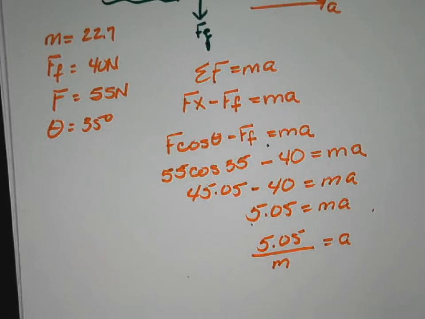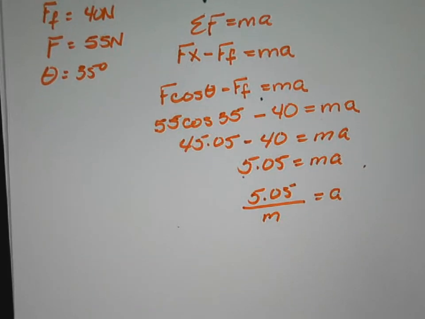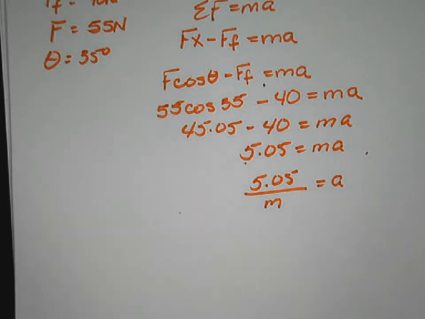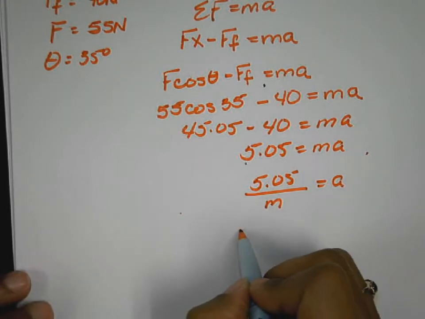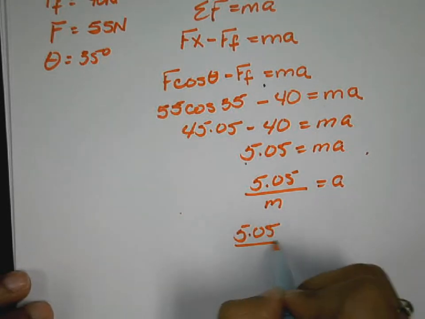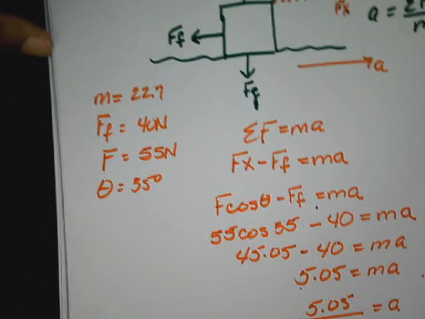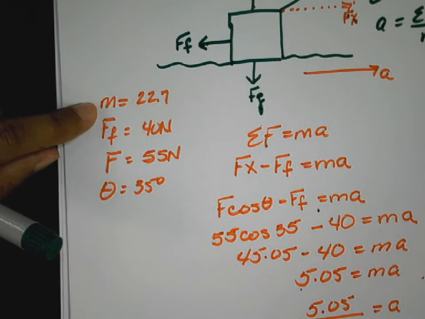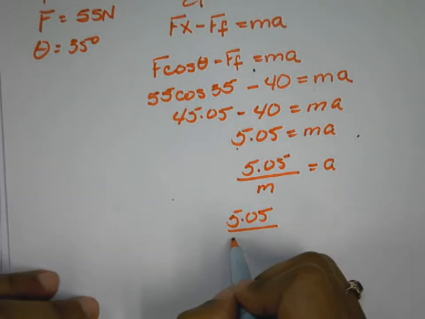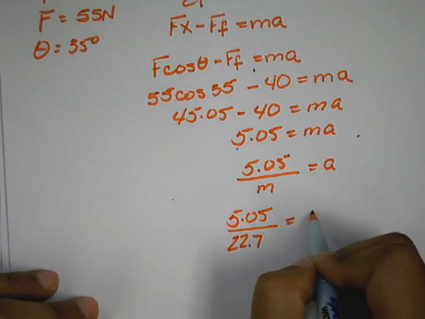I'm doing this in great detail, so you wouldn't have to do this on your homework. I just want to make sure no one is confused on how I got the numbers. So 5.05 divided by the mass, which they give you right there, 22.7, equals a.